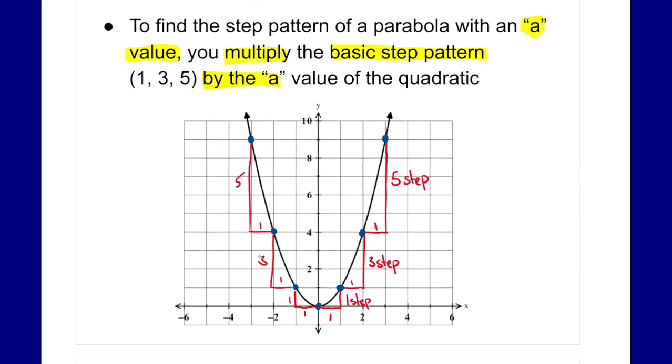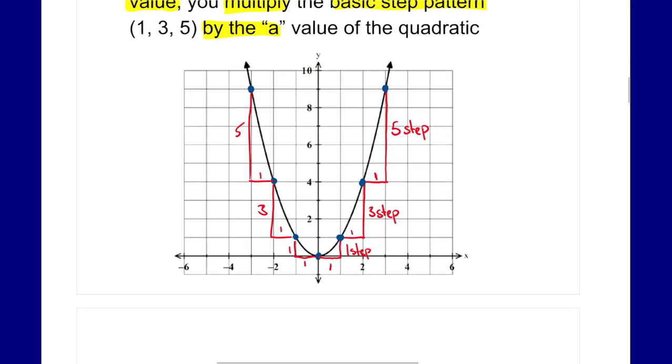And that makes sense because of the fact that our parabola is symmetrical. So we should see the same thing on either side. Right, so if we know the vertex, if we know where it is, and if we know what the step pattern is, we can then go through and plot our points, or at least some of our points, enough to get a general idea of what it looks like.